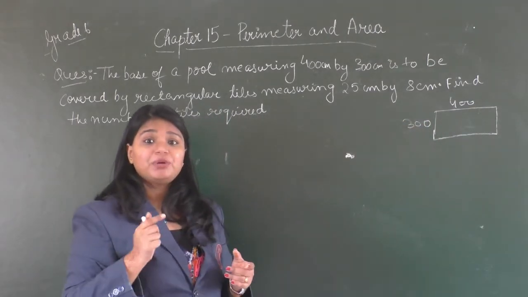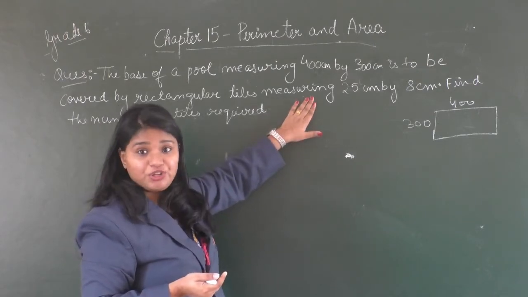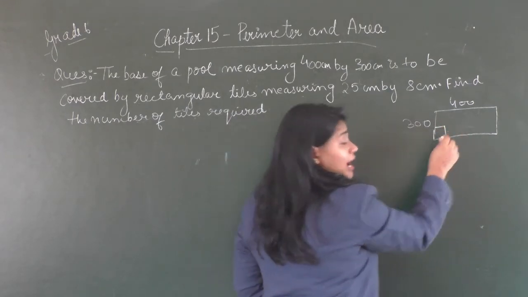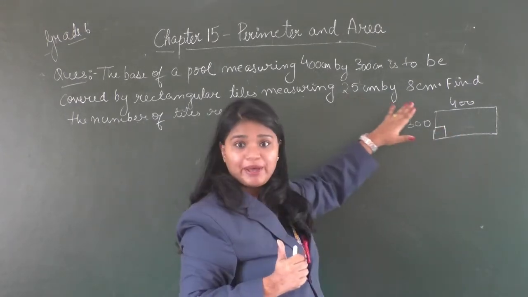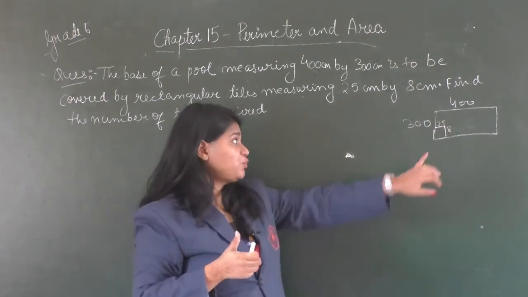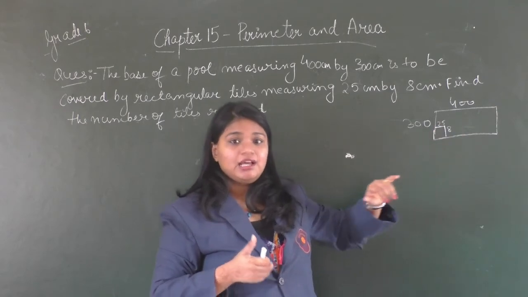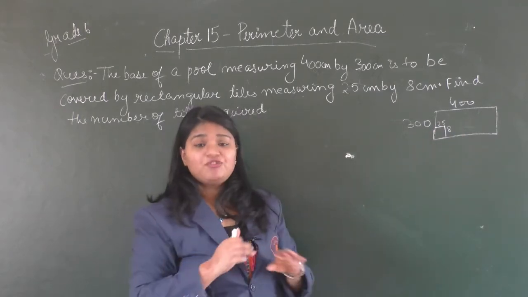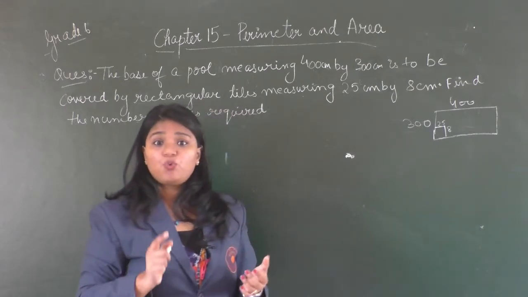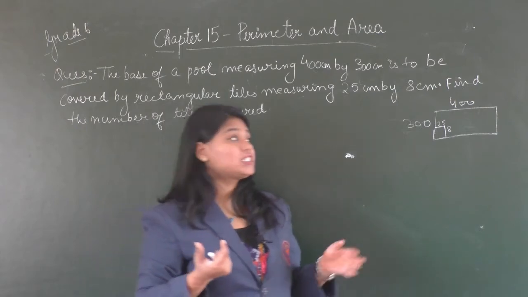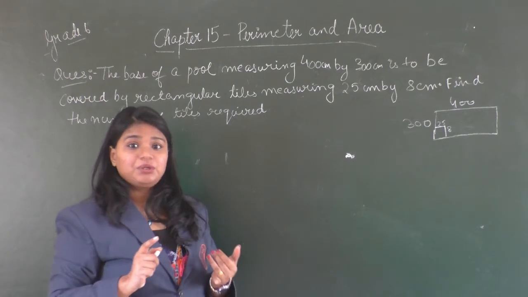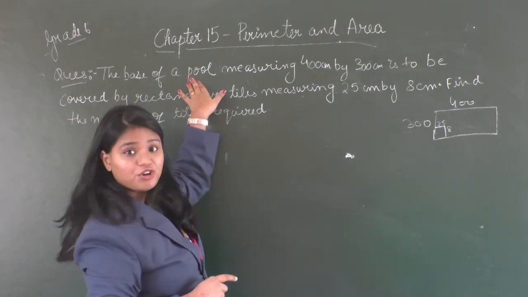Now this base has to be covered by rectangular tiles measuring 25 centimeter by 8 centimeter. That means the measure of one tile is 25 by 8 centimeter. So let's consider the length as 25 and the breadth as 8. Now after finding the area of the entire pool and the area of one tile, we can find the number of tiles required to cover the entire base. So first we will calculate the area of the base of the pool.